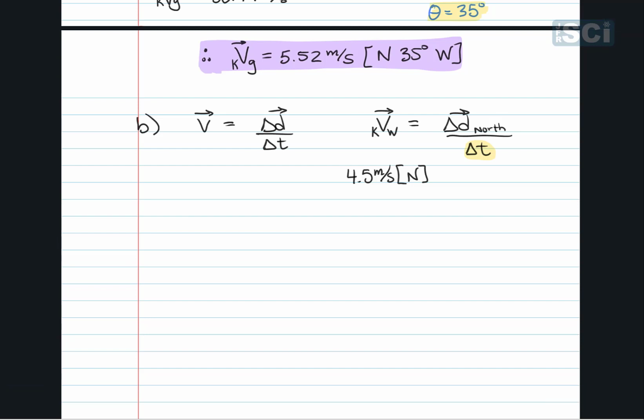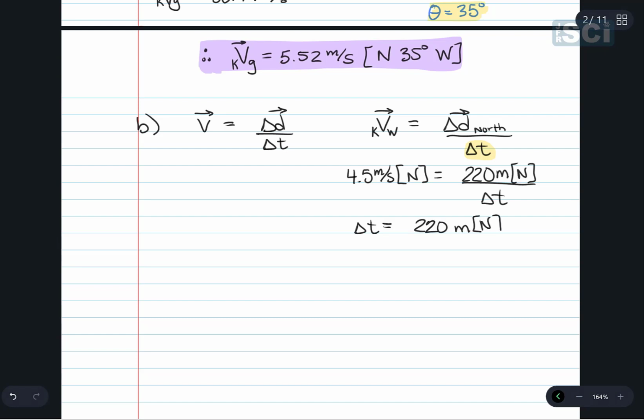Now the distance, or the displacement that I'm going to end up going, that's 220 meters, and that is also north. And then I'm going to divide it by time. We'll do a little bit of rearranging here. So we'll say delta t is going to be equal to 220 meters, and that's going to be in the north direction, divided by 4.5 meters a second, and that is also in the north direction.